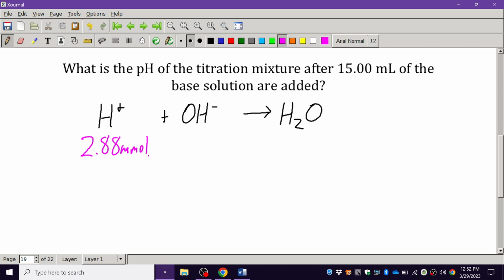Now, here's what we have to think about. In this part, what are we doing? We're adding 15 milliliters of 0.101 molar sodium hydroxide. How many millimoles is that?